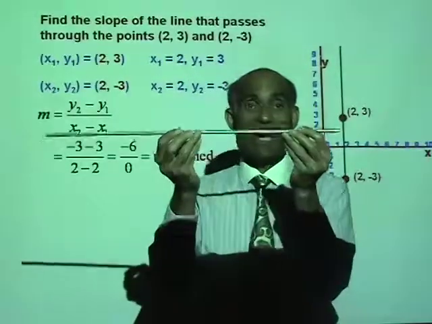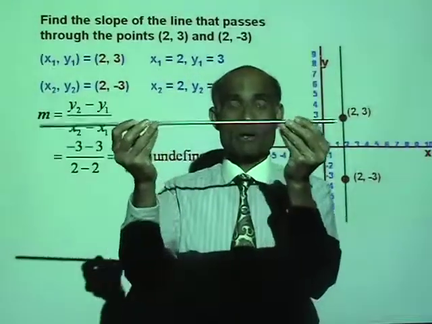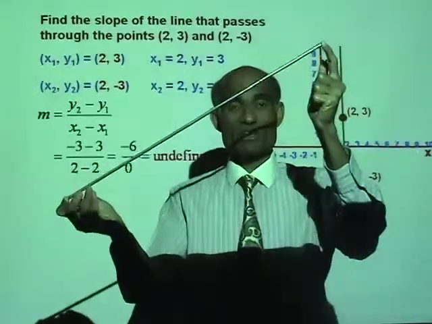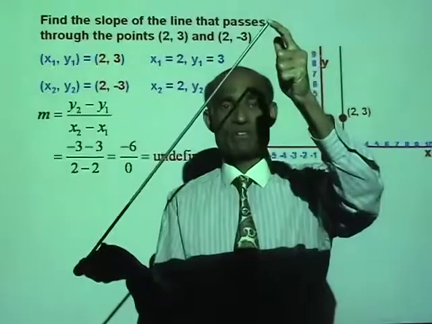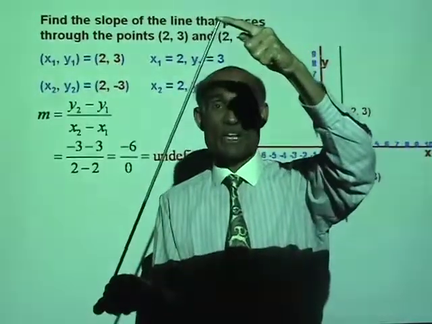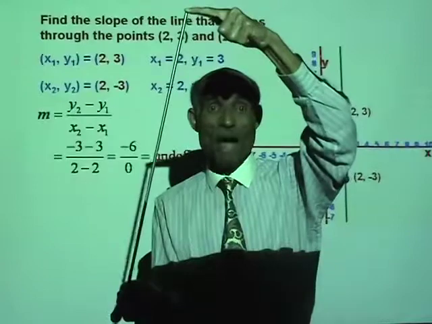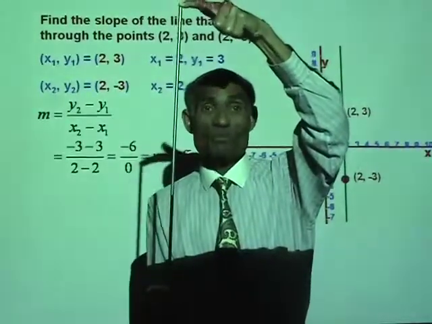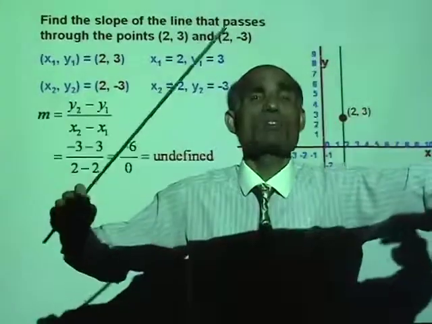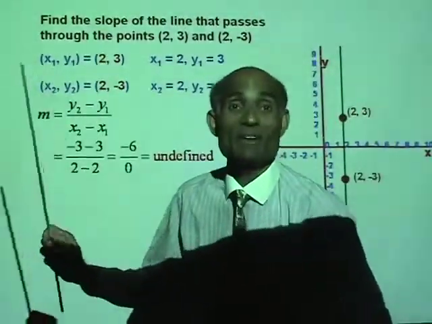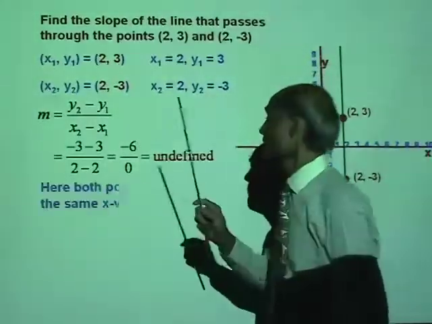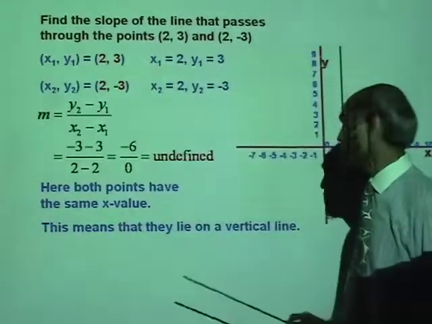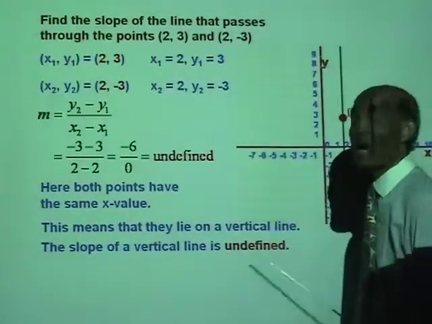You see, as the slope increases, it increases without bounds, and finally, when the line is vertical, the slope is so large, it becomes undefined. So the slope of a vertical line is undefined.